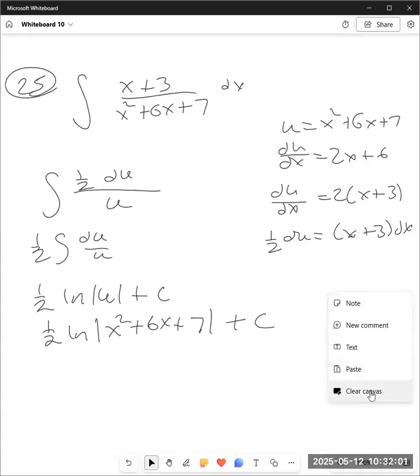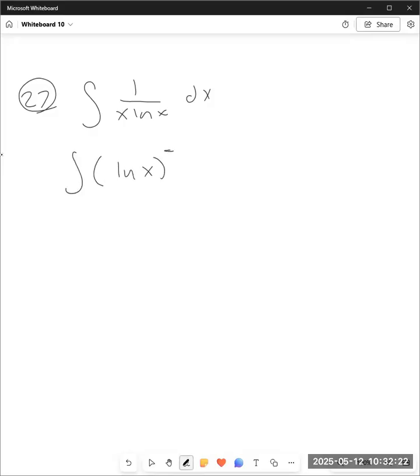Now for number 27. 27 is a little tricky. I need to write this as ln of x to the negative first times 1 over x dx. My u is ln of x. My du dx is 1 over x dx.